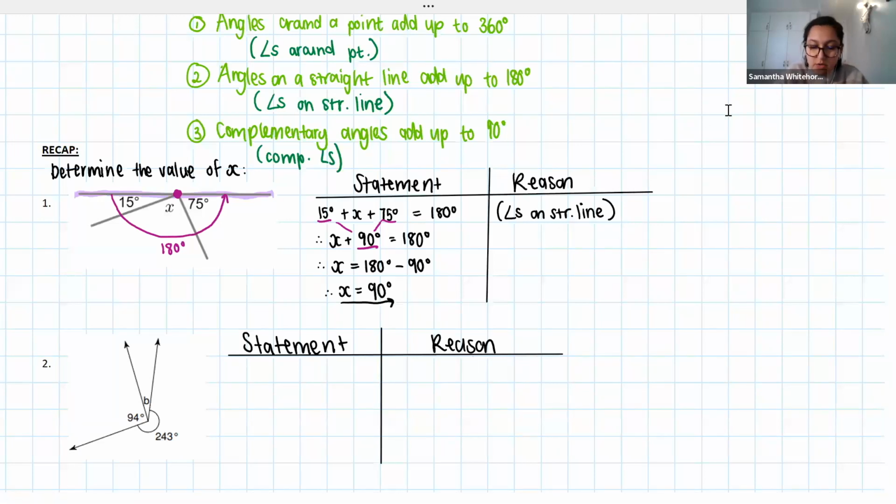So like I say, look at your diagram, see what information you have there that matches up to one of the reasons that we know, and then go and determine your x value. And remember, guys, because this is basically an equation, you can go and check yourself.